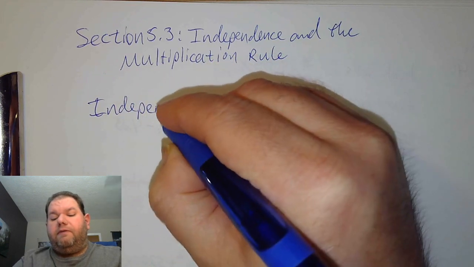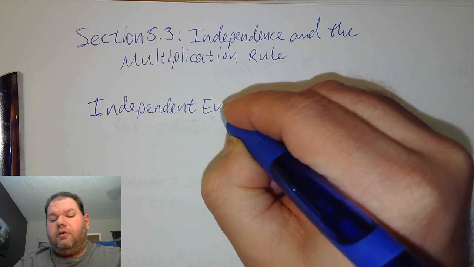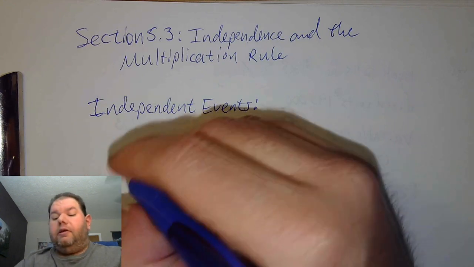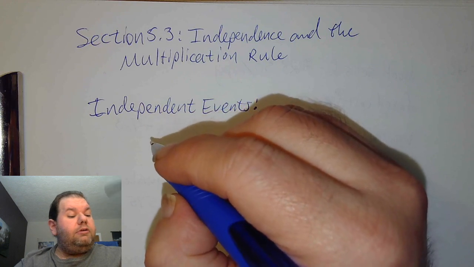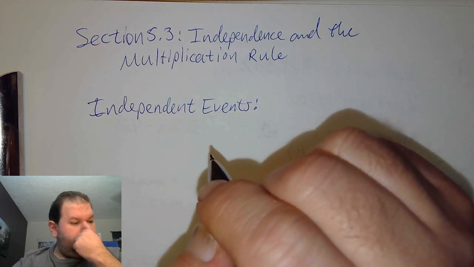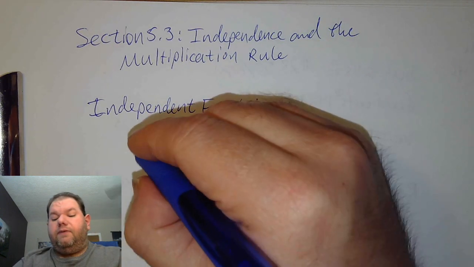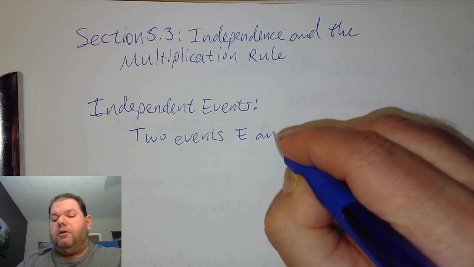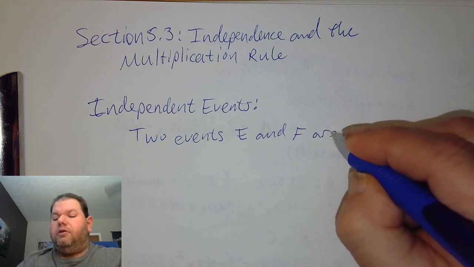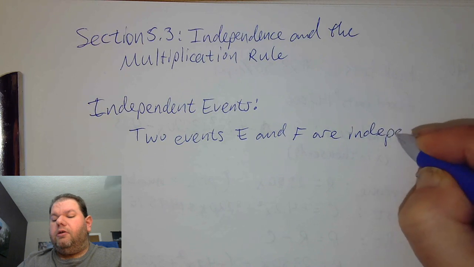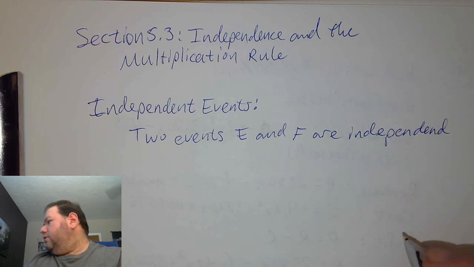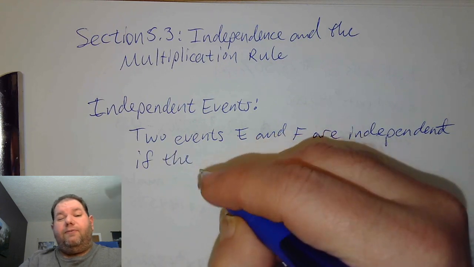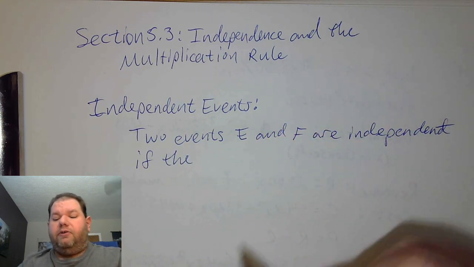So let's look at independent events first. So two events, E and F, are independent if the occurrence of one of the events does not affect the occurrence of the other event.